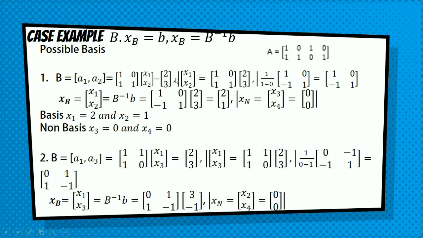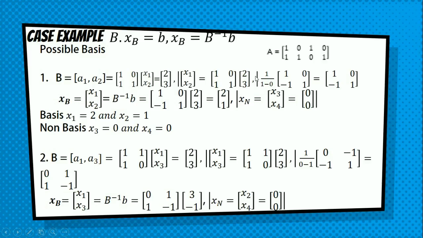After we do this, we invert the matrix. So x1 and x2 equal the inverse of 1 1 0 1 times 2 3.